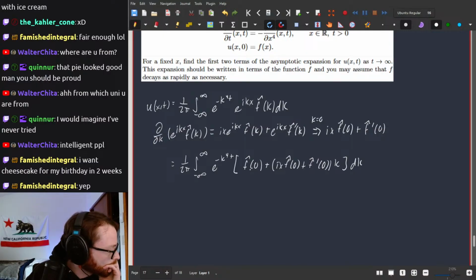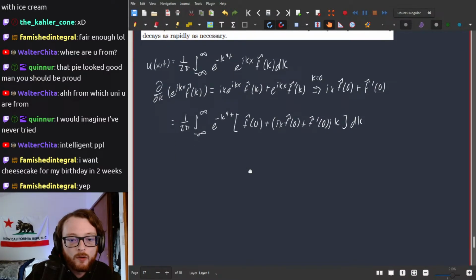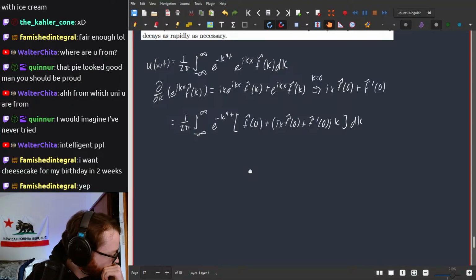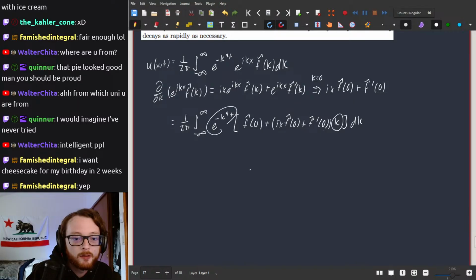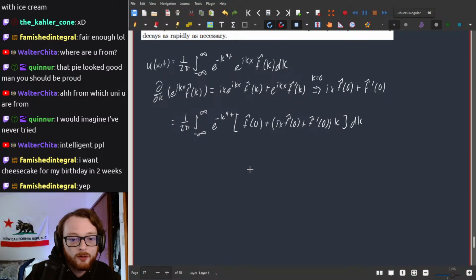So, no, we do need the second derivative still, because this is all constants, so they don't matter. In k, e to the minus k to the fourth t is still an odd function in k. So that's going to zero out, and we still need the second derivative.